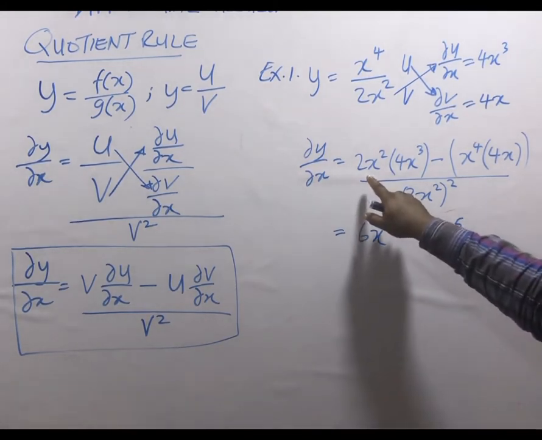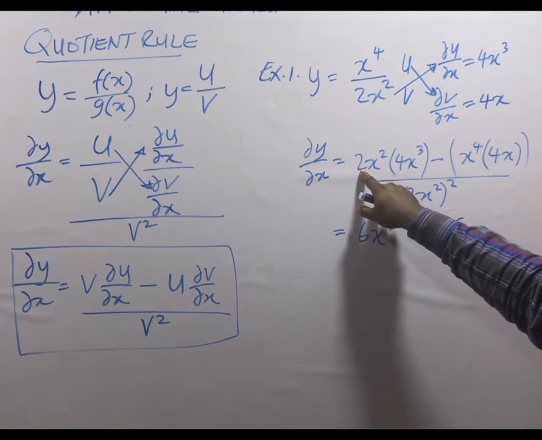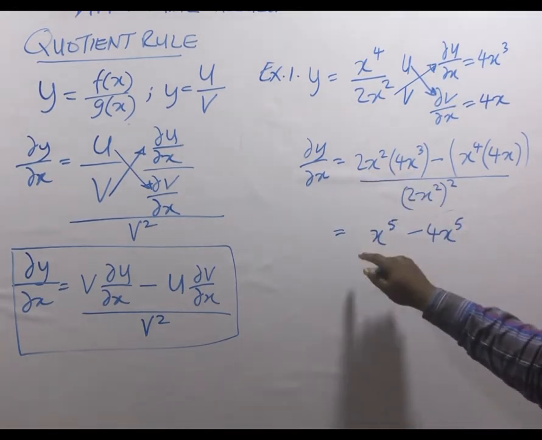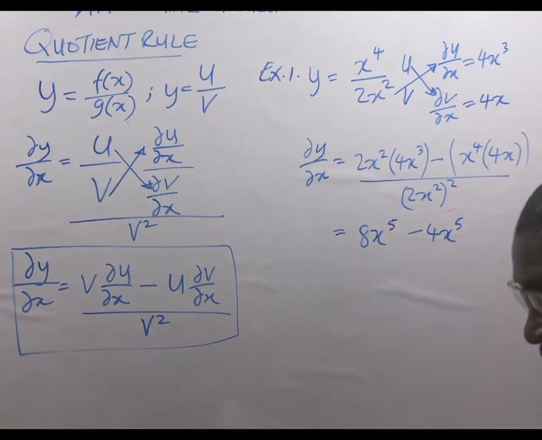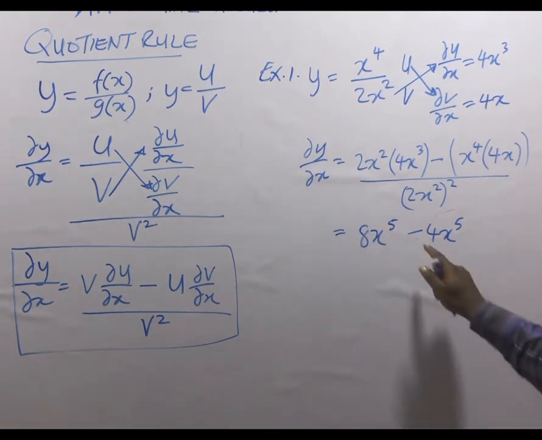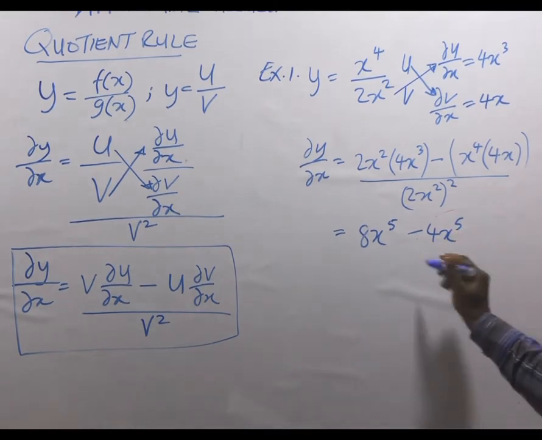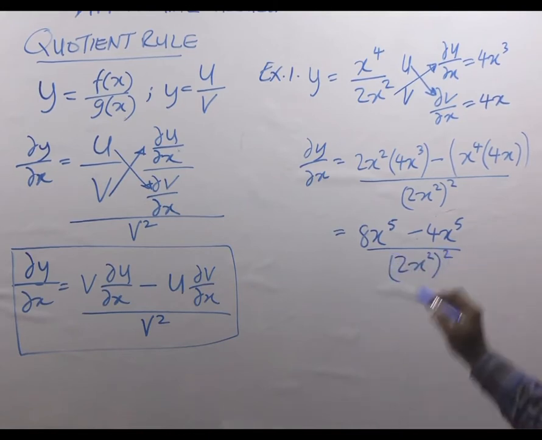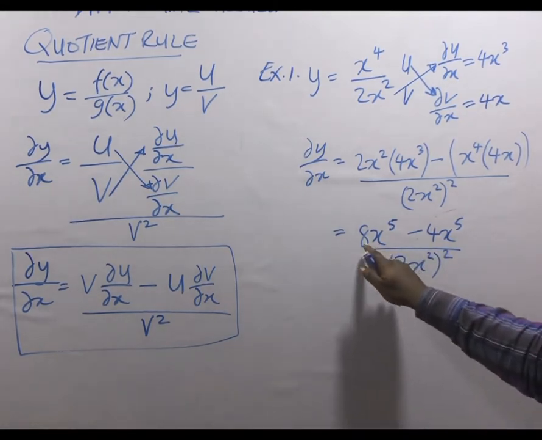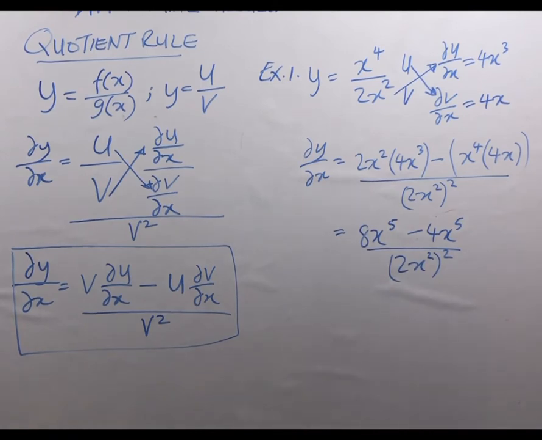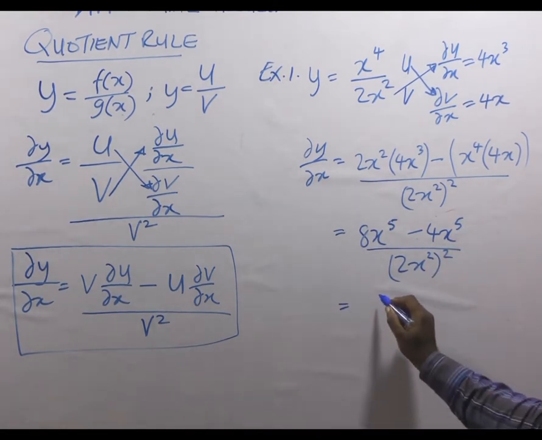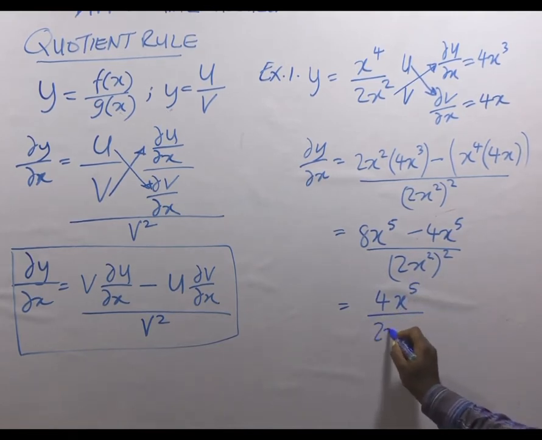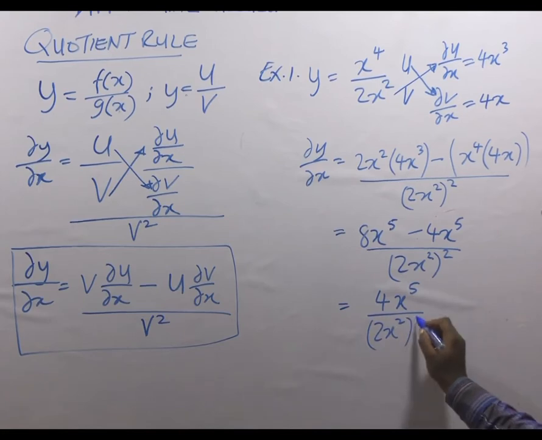Oh, sorry, I made a mistake. 2x raised to power 2 times 4x raised to power 3 will give us 8x, not 6x. That will be 8x raised to power 5 minus 4x raised to power 5 all over 2x raised to power 2 all squared. Now 8x raised to power 5 minus 4x raised to power 5 leaves us with 4x raised to power 5 all over 2x raised to power 2 all squared.